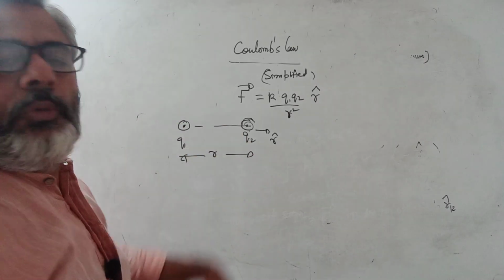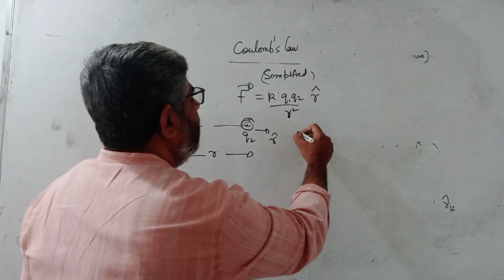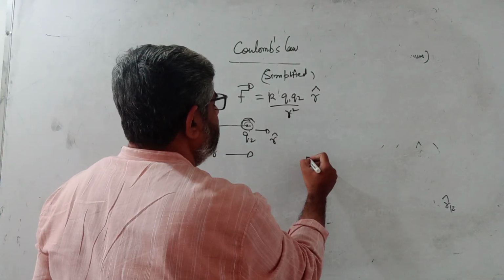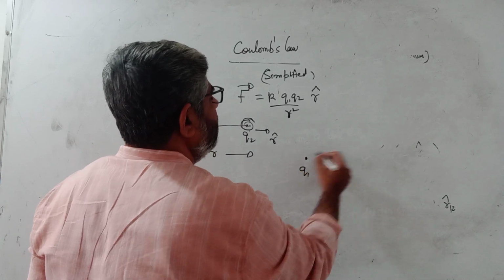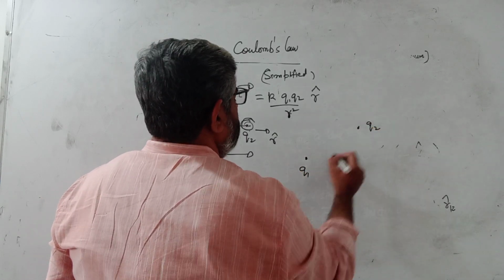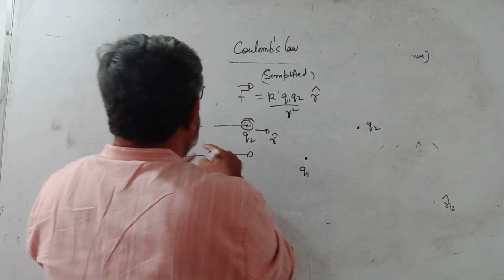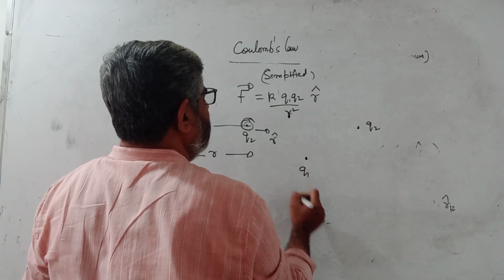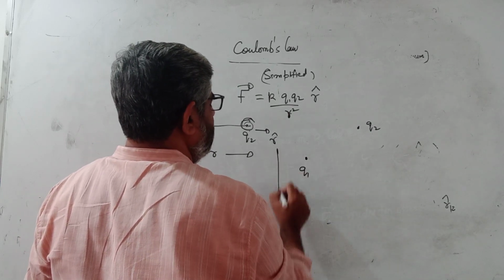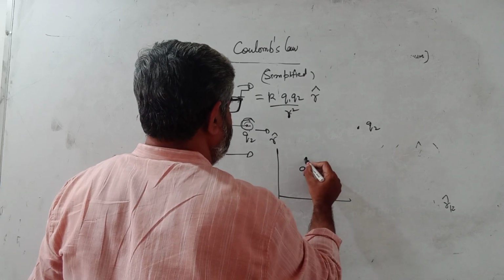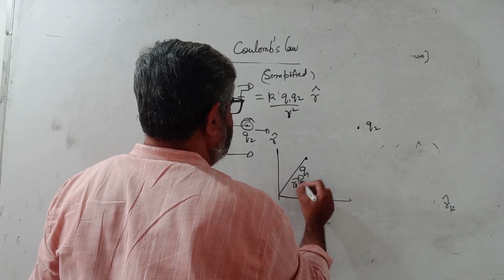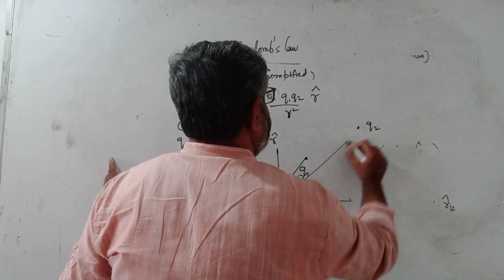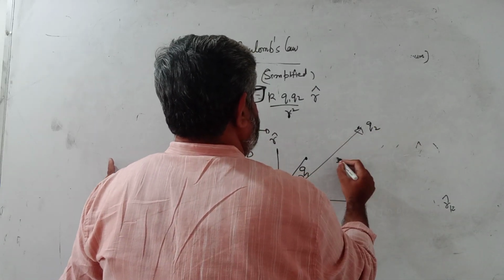There are a few things more in this. For example, what happens, let us say, if this is one charge q1 and this is charge q2, and they are having position vectors. So this has a position vector r1 vector, and this has a position vector r2 vector.